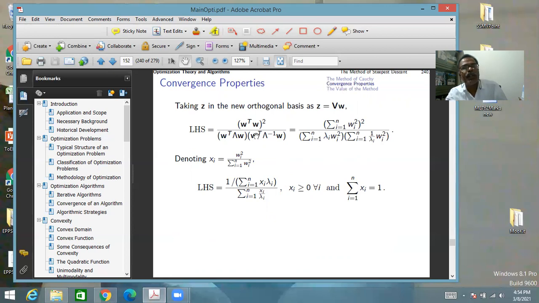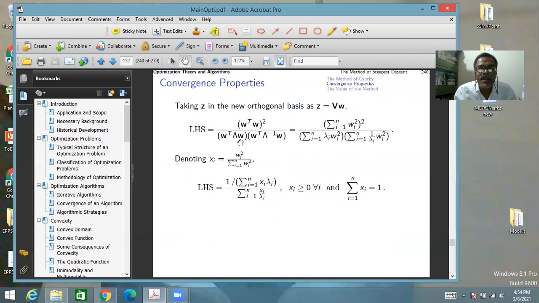Why we said reduce? Because here this lambda and this lambda inverse are diagonal. And then since these are diagonal, we can quickly open that in terms of the components of W. So this is anyway sigma Wi square, okay, whole square because of this.